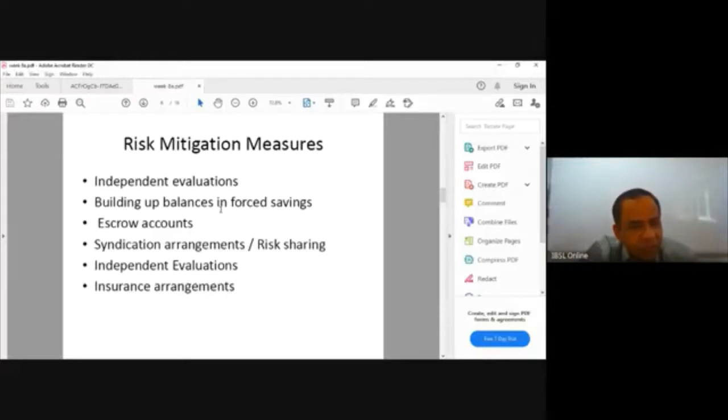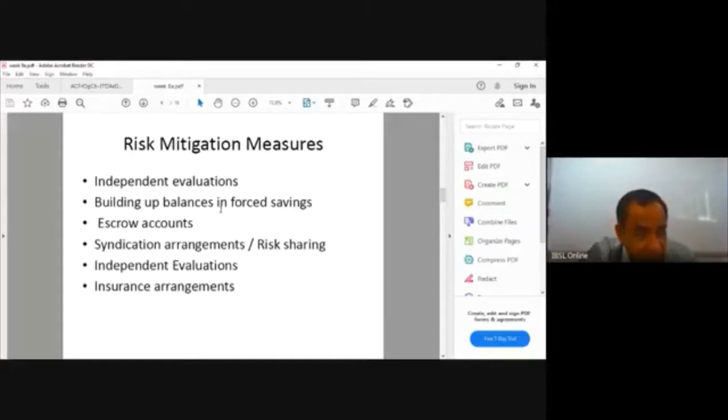Sometimes, with some customers, we come to an agreement with them to make a savings build-up. From their monthly or quarterly turnover, you take some amount and save it in a savings account over a period of time.